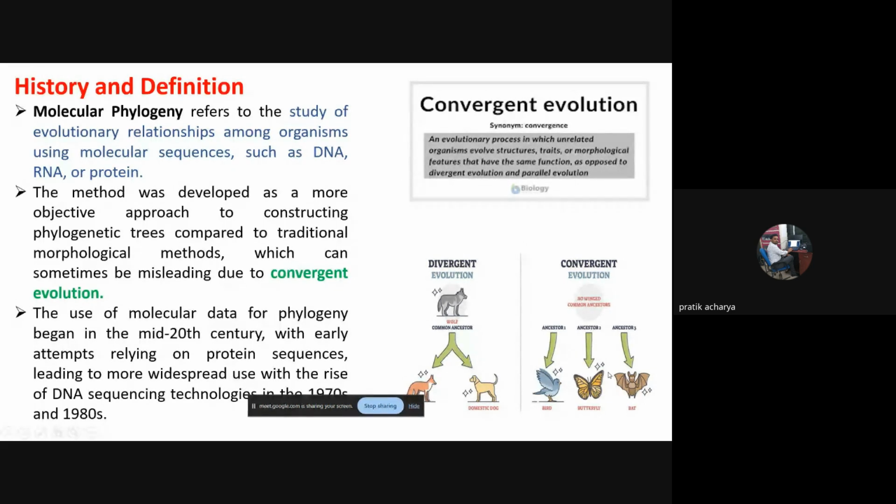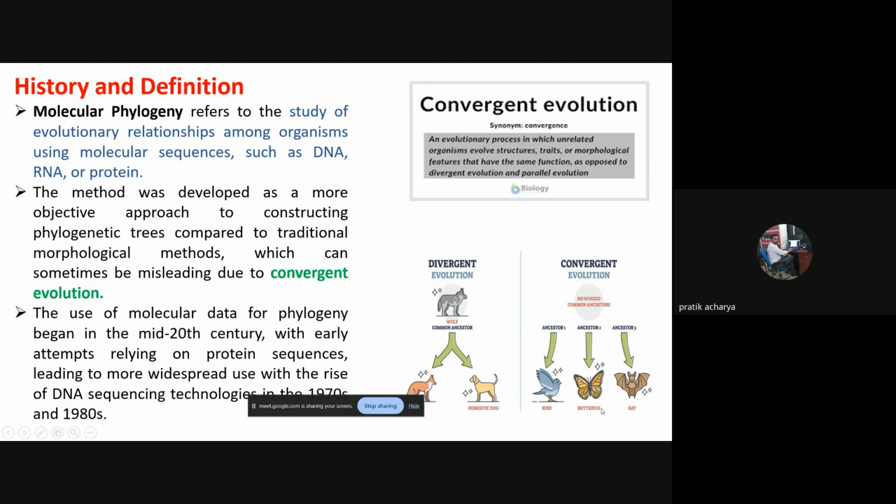But butterfly wings do not have any bones. Bird wings have certain bones and feathers. Bat wing structure is somewhat different, because this is a mammalian group, this is an insect group, and this is an avian group. So ancestors are different, but they show similar function.